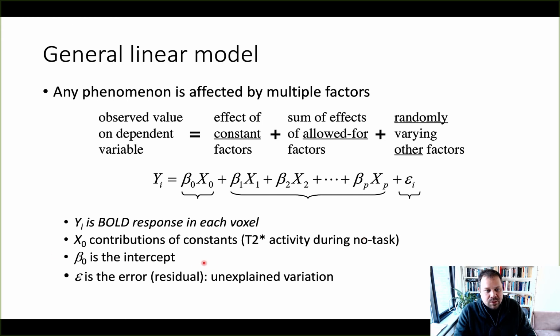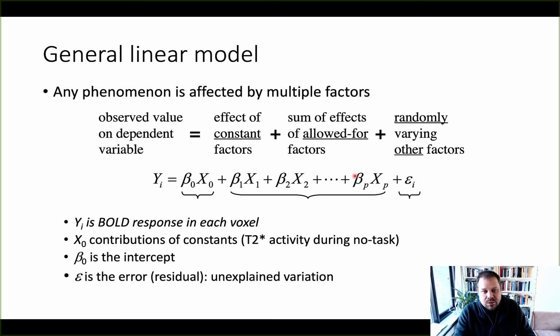And the beta 0 then is the intercept parameter. Then we have multiple other regressors that we're adding into this model specification here. So we may have condition A, we may have condition B, and we may have a control condition as well. So we have three regressors that we're interested in.